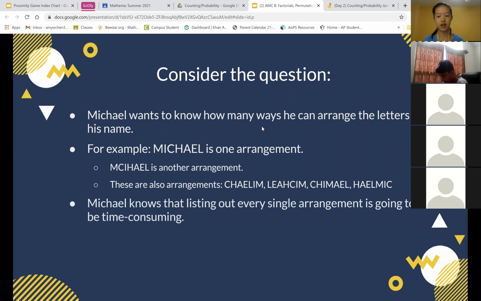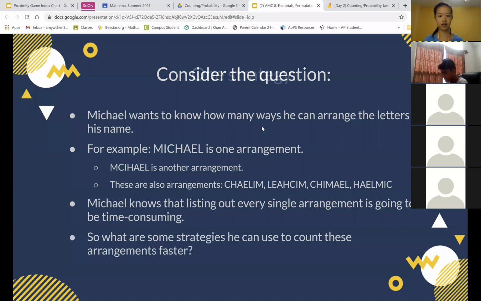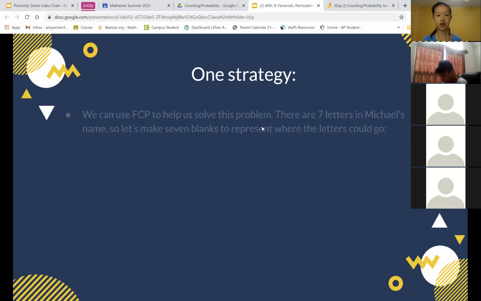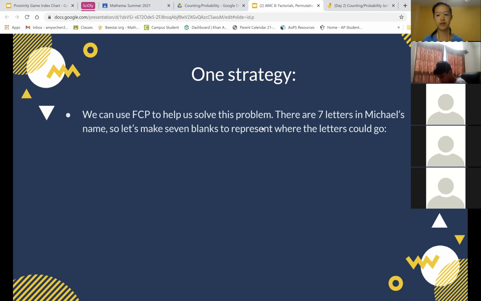And I think you already know how to calculate the total number of possible arrangements of letters in his name. Using the fundamental counting strategy, we can find how many possibilities there are for each spot. There are 7 spaces that we need to fill in his name.